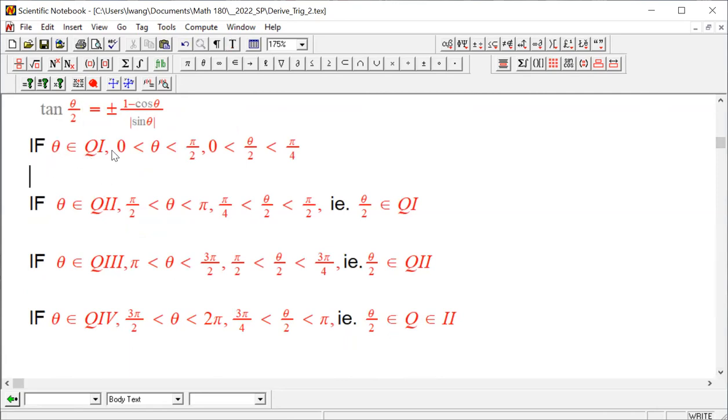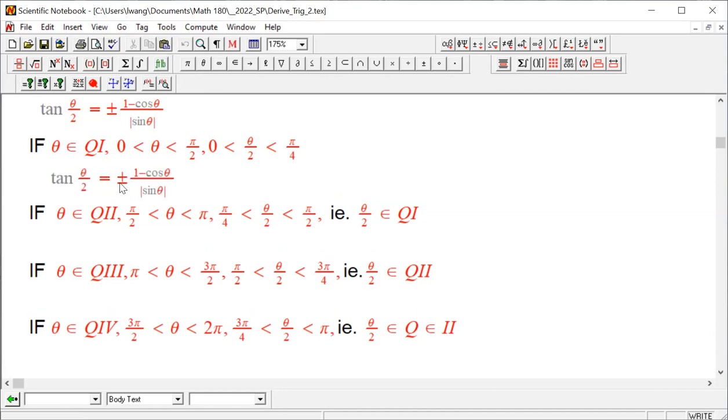If theta is in the first quadrant, that means theta is between 0 and pi over 2, half theta is also in the first quadrant. So in this case, tangent half theta is going to be positive, because half theta is in the first quadrant. And sine theta is positive in the first quadrant, right? So the absolute value is the same as sine theta.